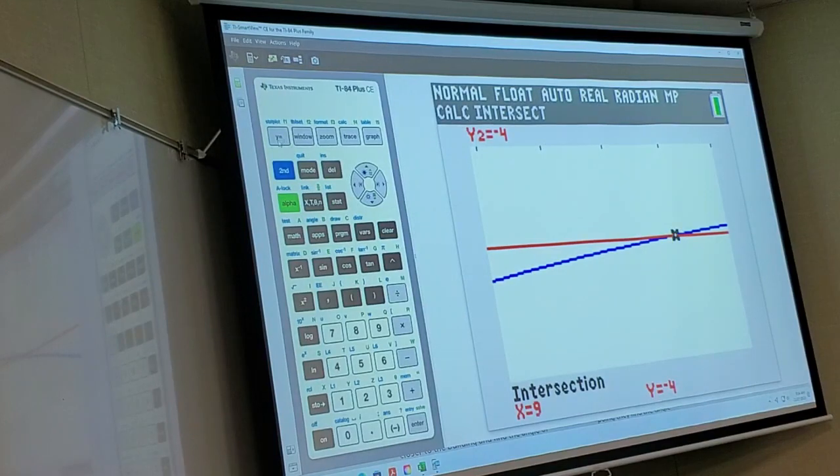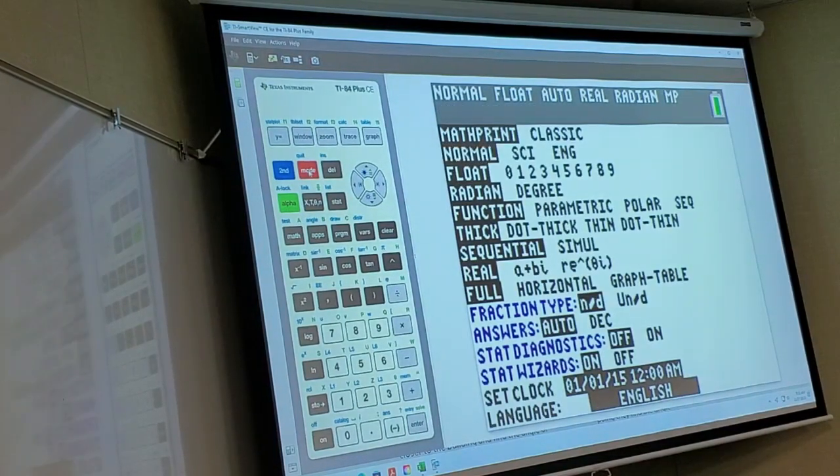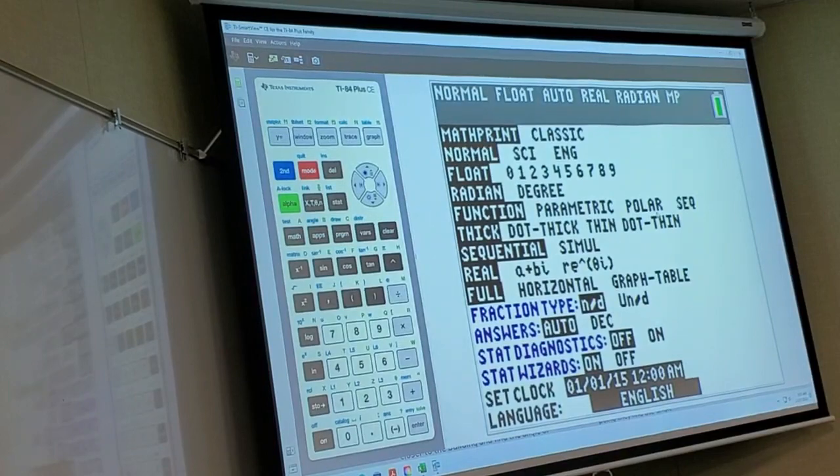All right. So if you hit mode, look here. If you want a calculator, by the way, I got something. If you want to play along, we're not going to do too much with this though.